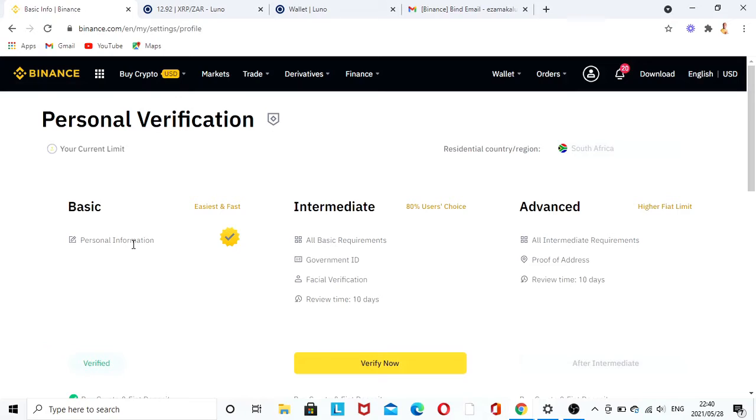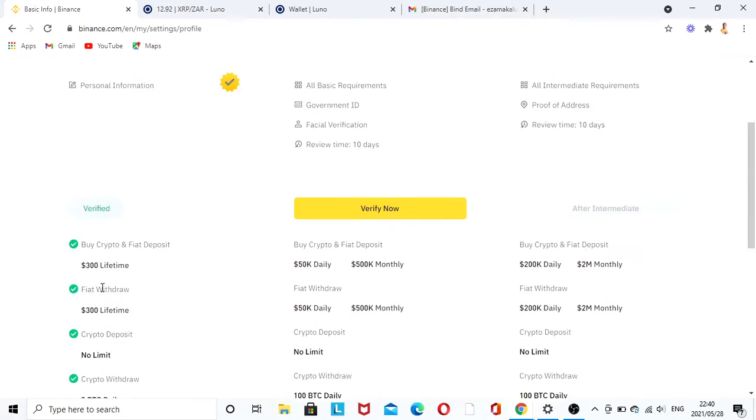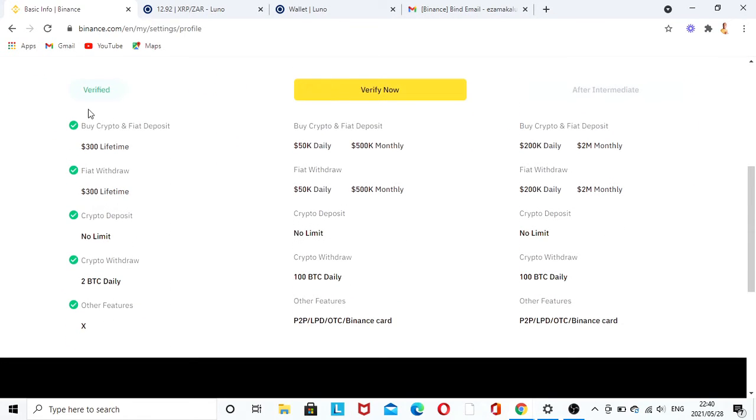This means that you are able to buy crypto and make a fiat deposit of up to $300 for lifetime. So now you're limited on this one. You can buy and sell, but only up to $300, right?